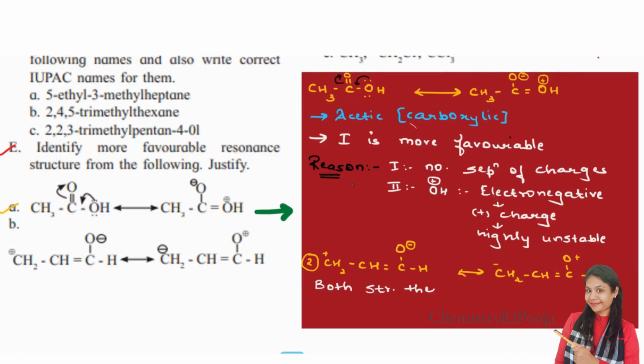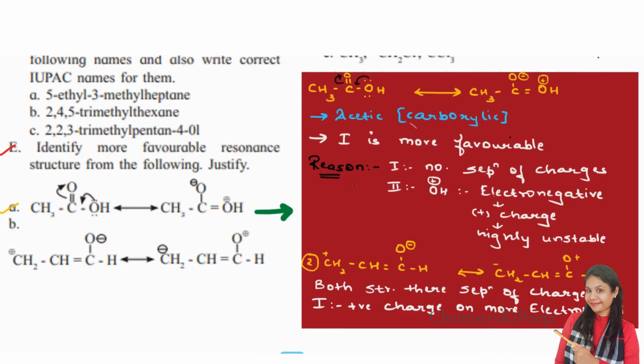There is separation of charges, right? But if I carefully look into structure 1, it has a positive charge on the more electropositive carbon.